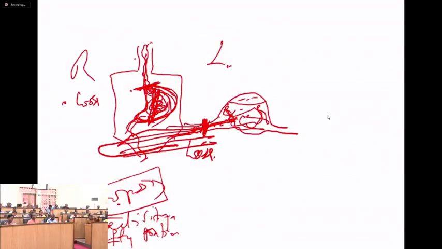So the safety position is called the left lateral decubitus position, where you put the patient on their left side, and then you straighten the left leg and bend the right on top of it in an L shape, right?